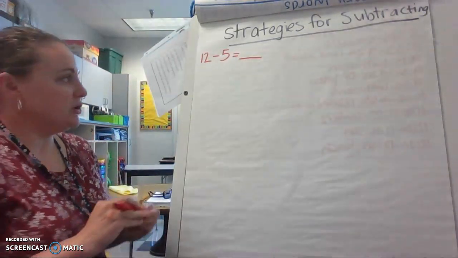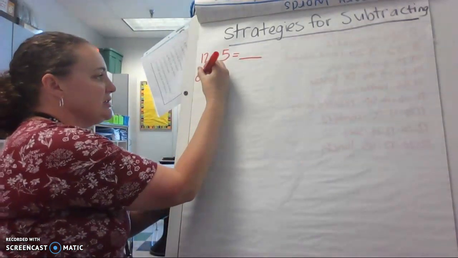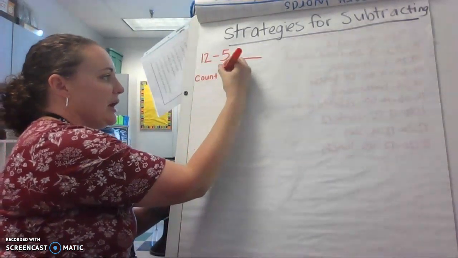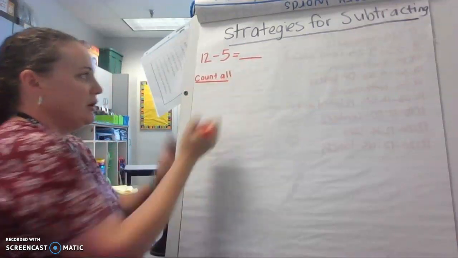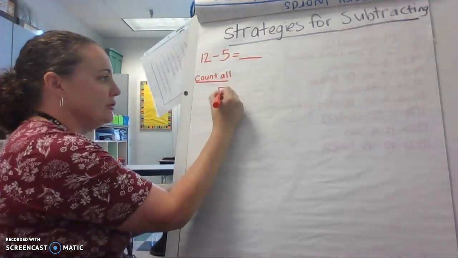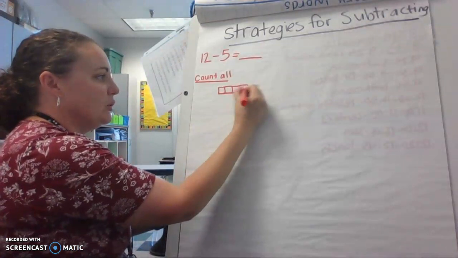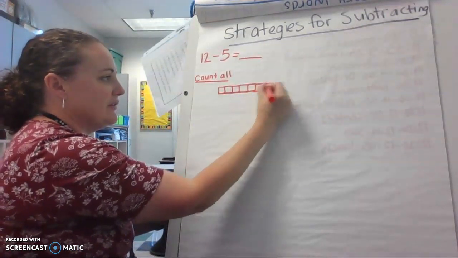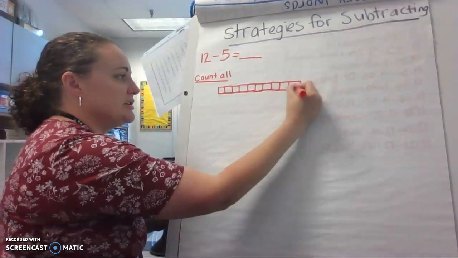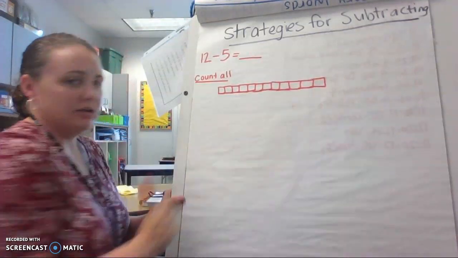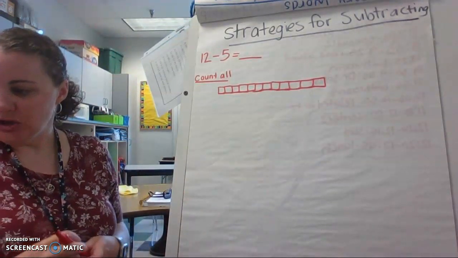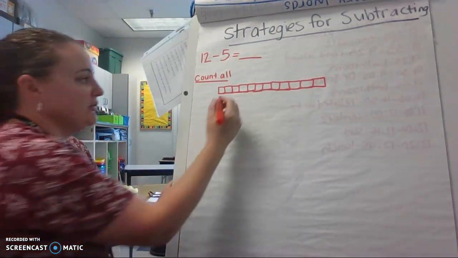So the first thing that you can do, just like in addition, you can count all. I'm starting with 12. 1, 2, 3, 4, 5, 6, 7, 8, 9, 10, 11, 12. You can count all and you can take away 5 of these things.